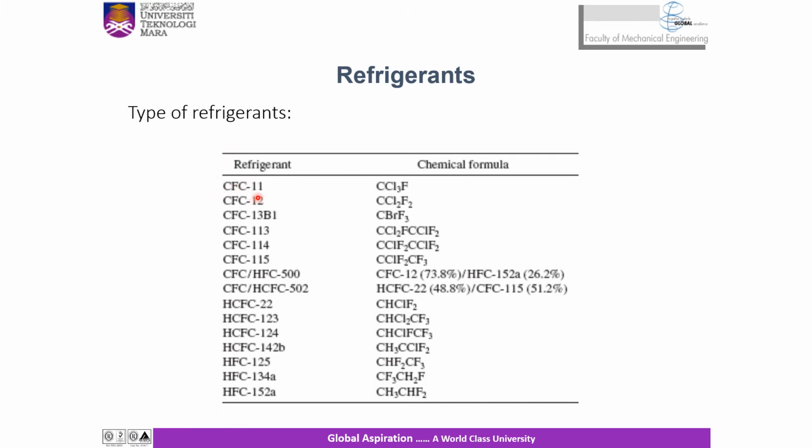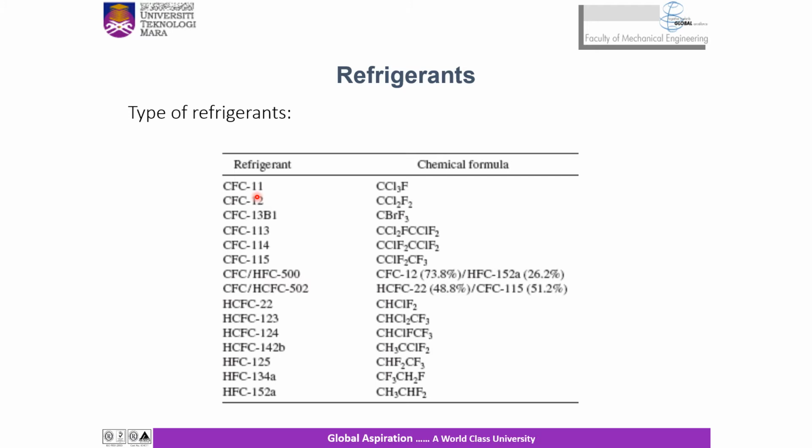As you remember, CFC is your chlorofluorocarbon based refrigerants. These are very dangerous refrigerants because if your refrigerator or air conditioning system leaks, this refrigerant can thin the ozone layer, and as a result it will allow more UV rays to come into our planet, and for human beings UV rays are very dangerous.